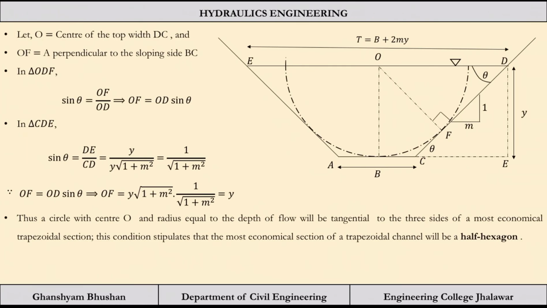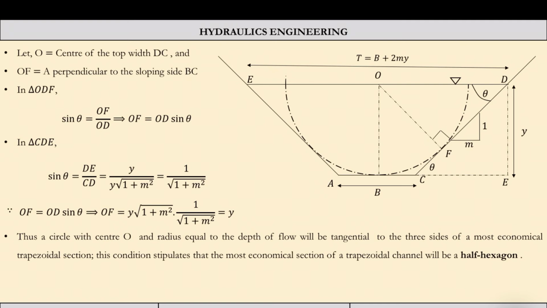Now in the second part, we are calculating for when the depth is constant and we are changing the slope. Now let us assume this midpoint as the center O. OF is perpendicular to the side DC.